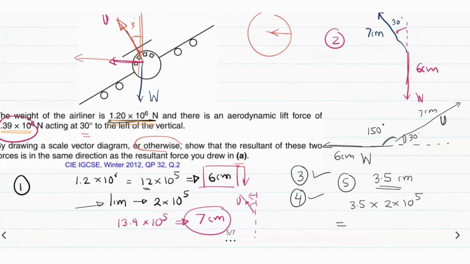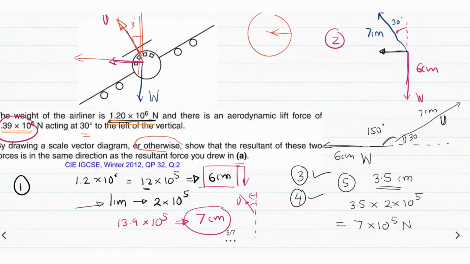That is 7 times 10 raised to 5 Newtons. So 7 into 10 raised to 5 Newtons is the magnitude of the resultant force, and it would be directed towards the west.